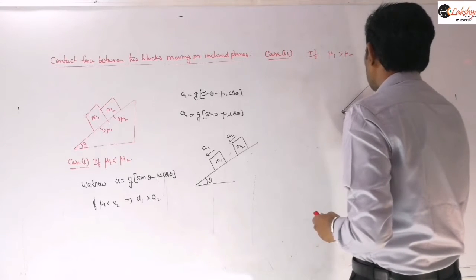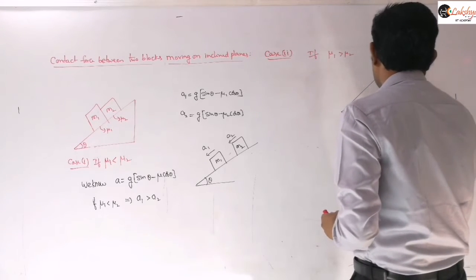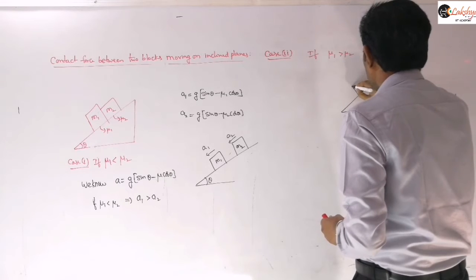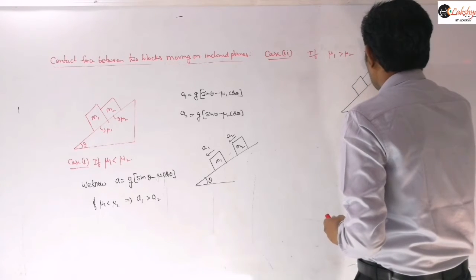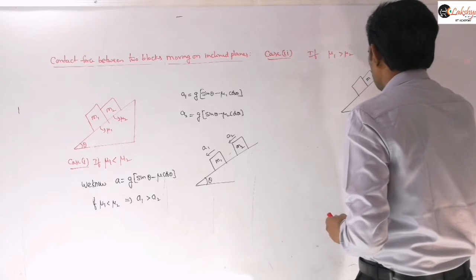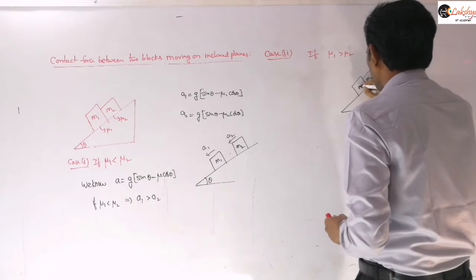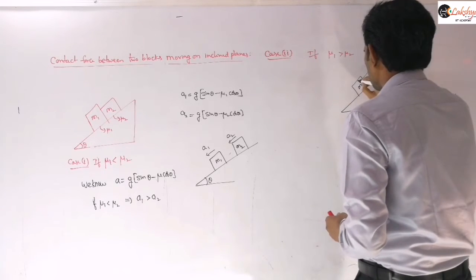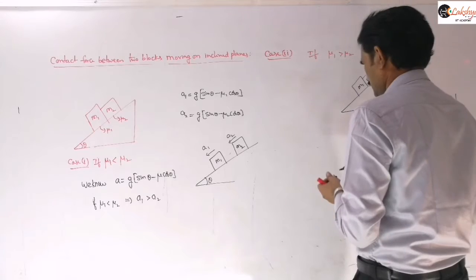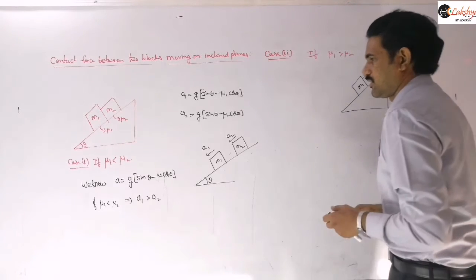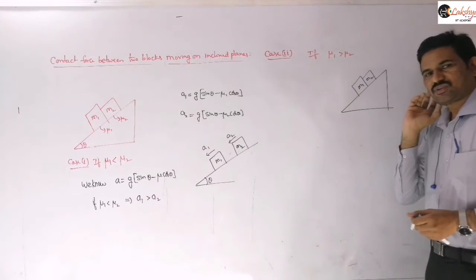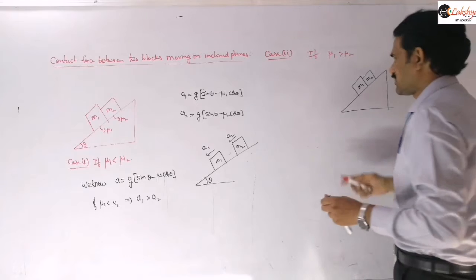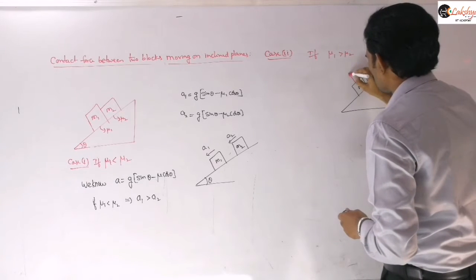Then both the blocks will remain in contact and move with the common acceleration. And so now I am taking both the bodies together as a system, and I am writing the force equation directly here.